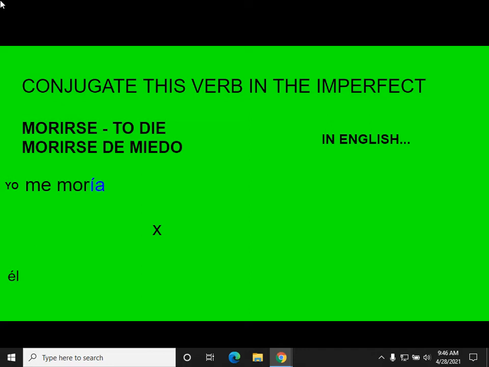So anytime we have a reflexive verb, we move the se to the front, and we add the me, te, se, nos, se. So this would be yo me moría. And tú te morías. And él se moría. And nosotros nos moríamos. And ellos se morían.